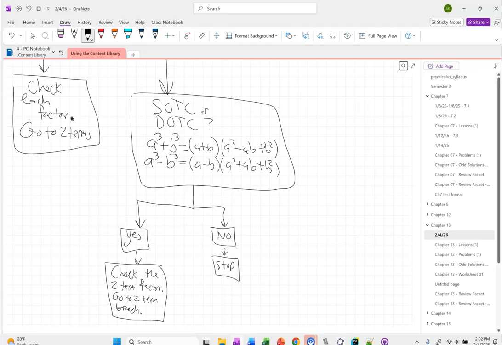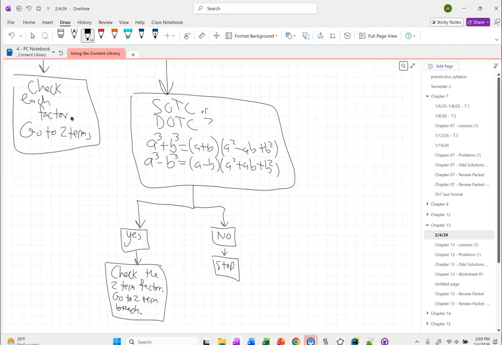The 2-term piece might be. Just check each factor for 2 terms.